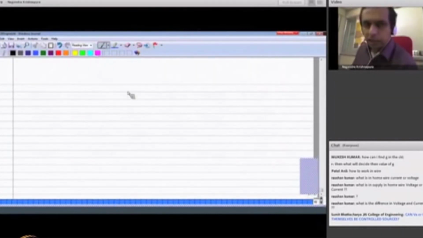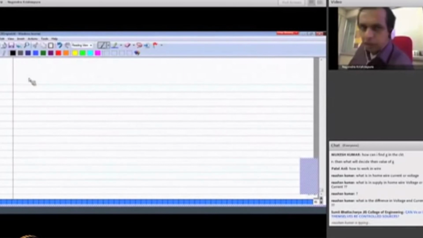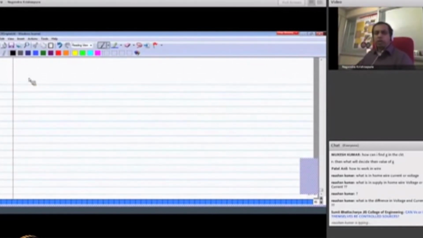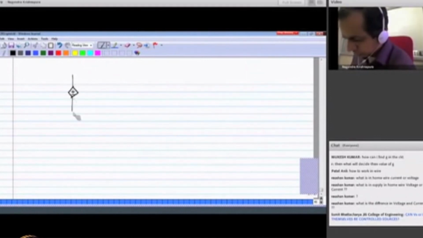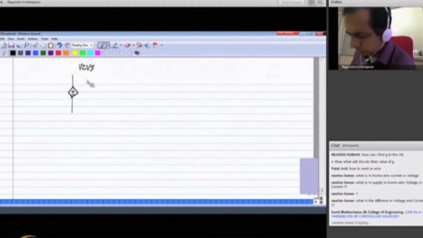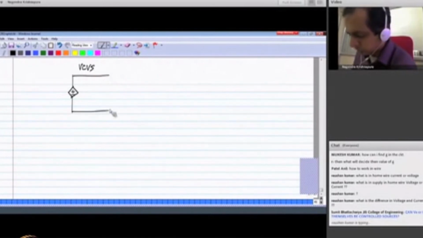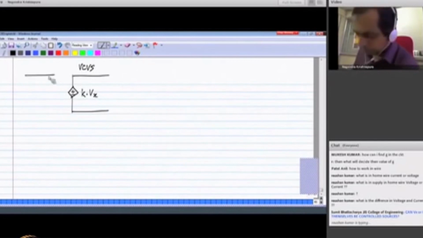One is, can the control source be dependent on some value that is given by an independent source? Okay, that is, let's say I have a VCVS, that is a voltage controlled voltage source, and this says that this is K times Vx. Now, Vx is defined to be the voltage between these nodes.